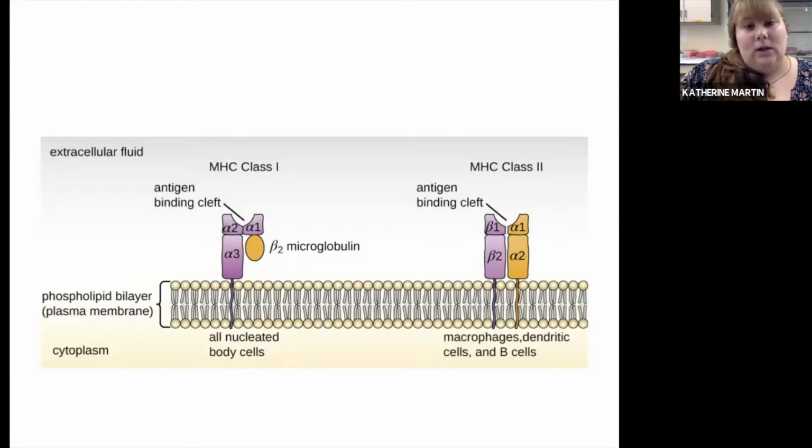Now, when a cell gets infected, say by a virus, you might remember from biology that viruses are just on the cusp of being considered life. They can't really do much for themselves. So when they infect a cell, they commandeer the machinery in that cell to start producing the proteins they need to survive. Some of those proteins still get broken up, and pieces of them get expressed in this MHC binding cleft.